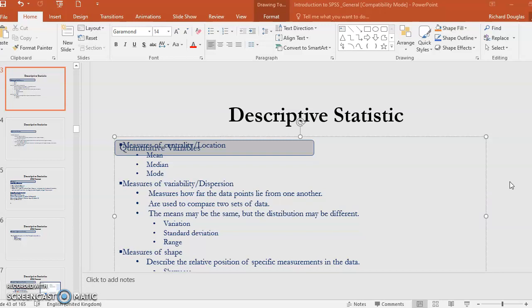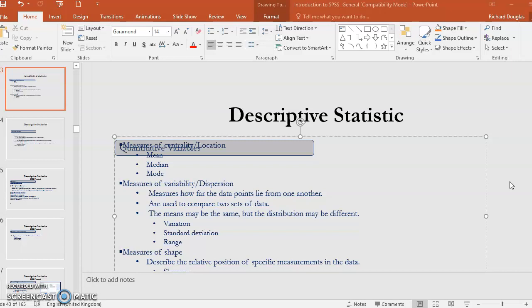So these are the essential features that are very important as far as descriptive data analysis is concerned in SPSS or in any other computerized data analysis software.